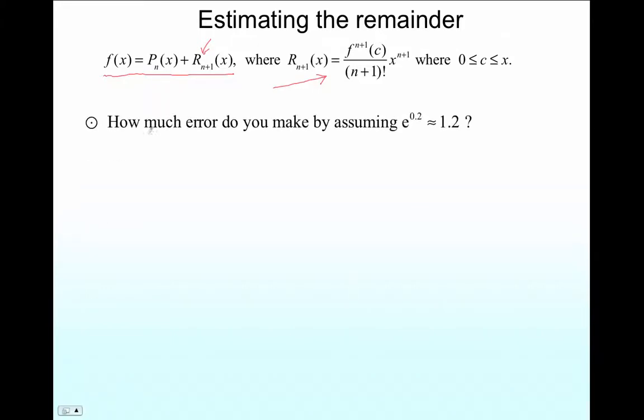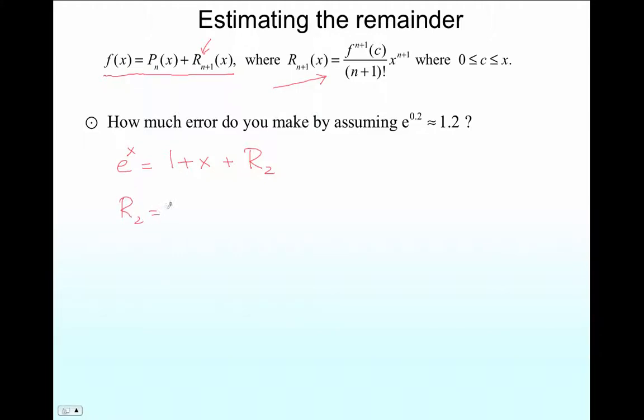First of all, we want to know how much error you make by using only 1 power of x in the expansion of e to the x. So if I have e to the x, I expand this out, I get 1 plus x, and then there's a remainder which we'll call R2 from above.